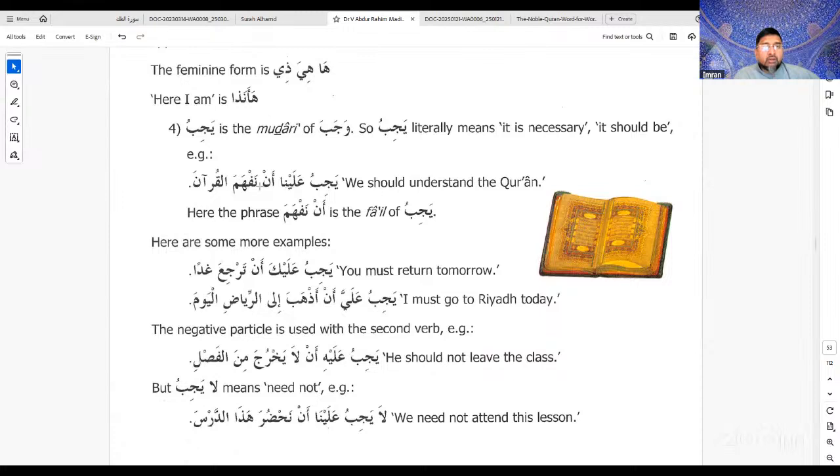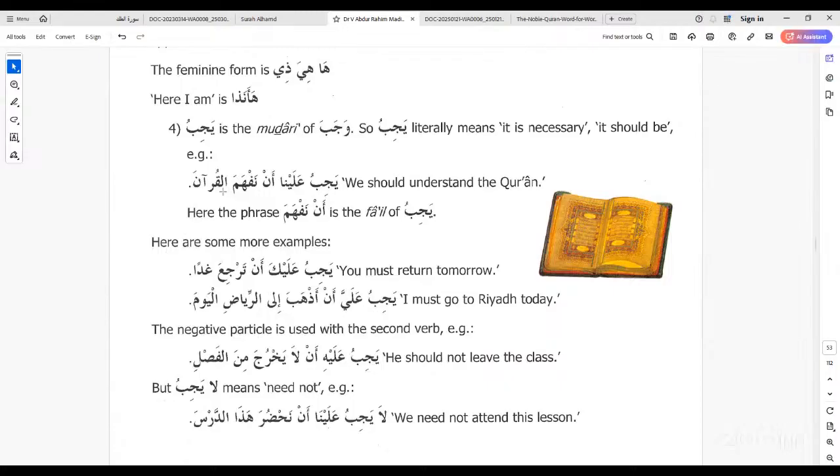What? The Quran. Upon us is obligatory to understand the Quran. Annafhama, and al Qur'ana, can you see it having a fatha? Yes. So al Qur'ana is the object of nafhama, even though an has come and changed the meaning to understand, but the verb itself, nafhama, still will act like a normal verb, requiring a doer and requiring an object.